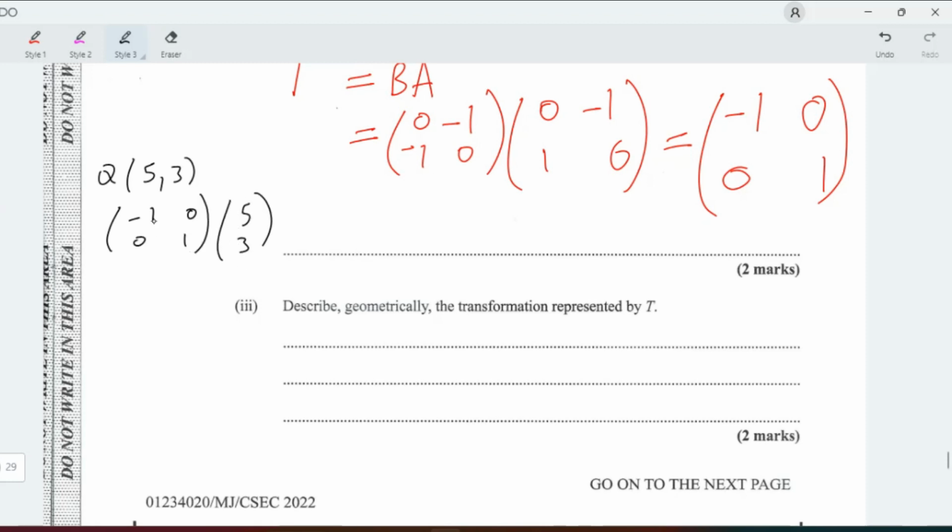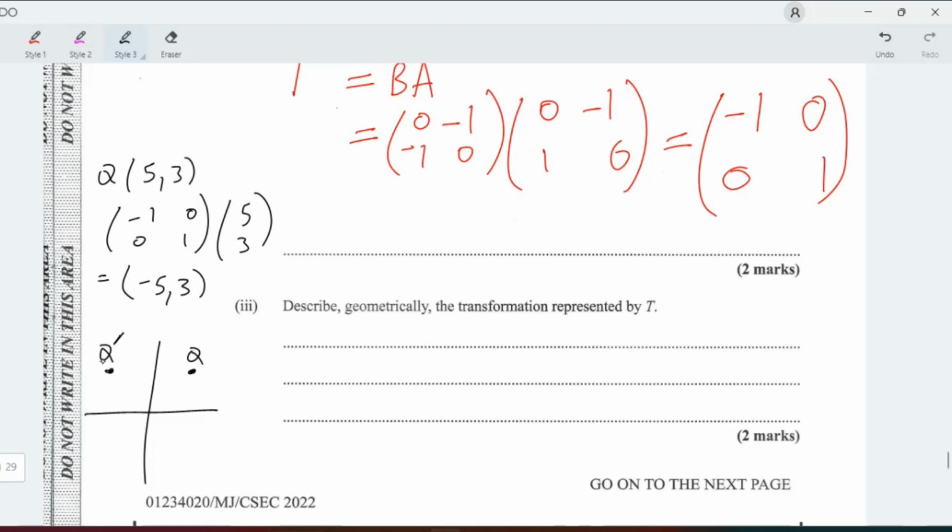If I just multiply, notice this will become minus 5, positive 3. So if I have a graph and Q is the point 5, 3, then minus 5, 3 is over here. This is Q and this is Q prime.